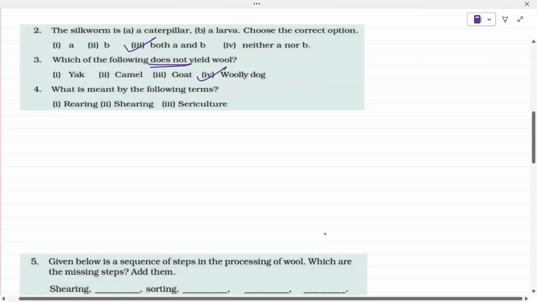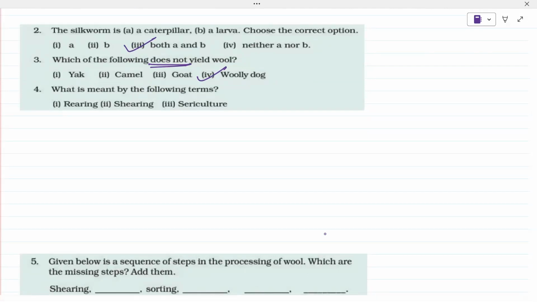Now, what is meant by the following terms? First one is rearing. So we all know what rearing is. So let's write about rearing. Rearing is the method or the process, a practice, by which we rear any animal, right?